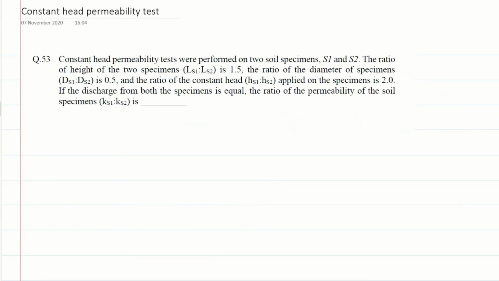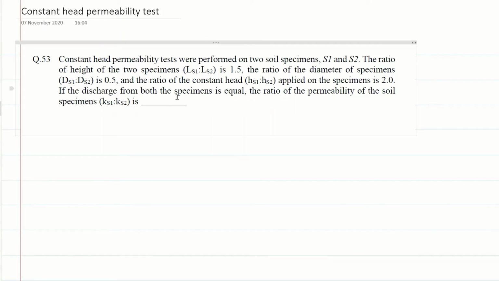A constant head permeability test was performed on two soil samples S1 and S2. The ratio of height of the two specimens, LS1 to LS2, is 1.5, and the ratio of their diameters is 0.5, and the ratio of the constant head applied to the specimen is 2.